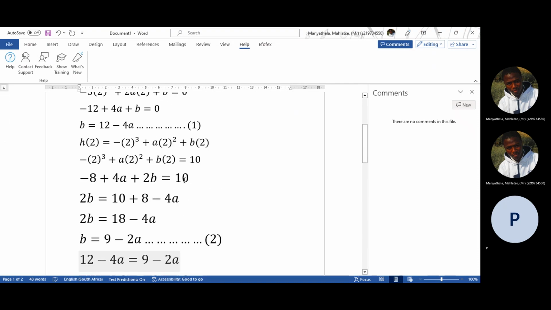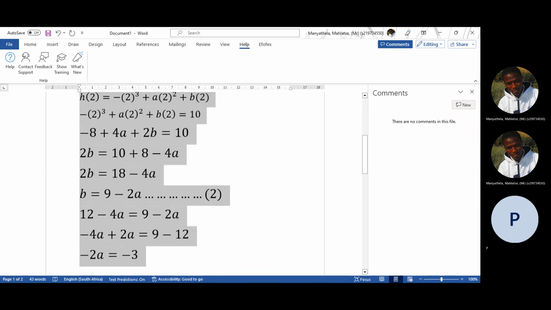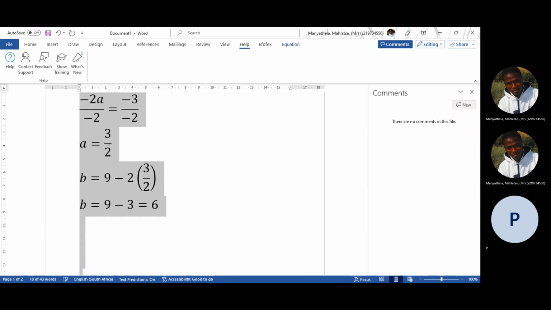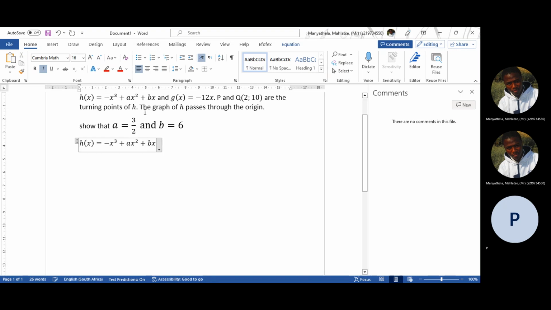Okay, fine. Since we have shown that a equals 3 over 2 and b equals 6, we can take these values and plug them into the equation.